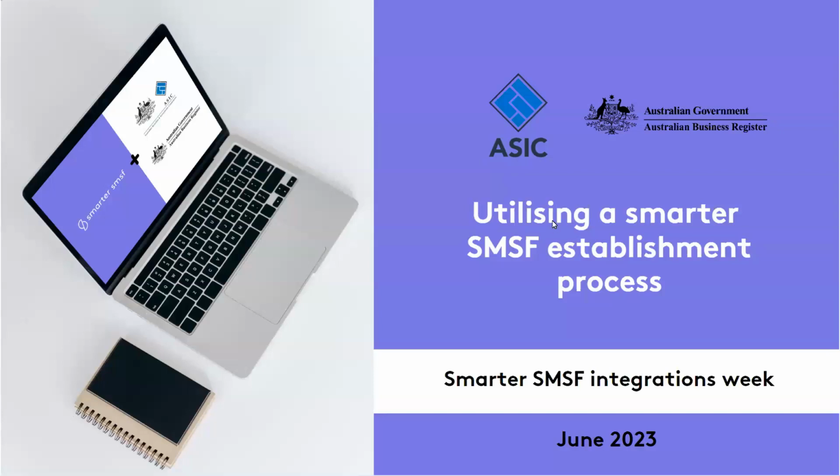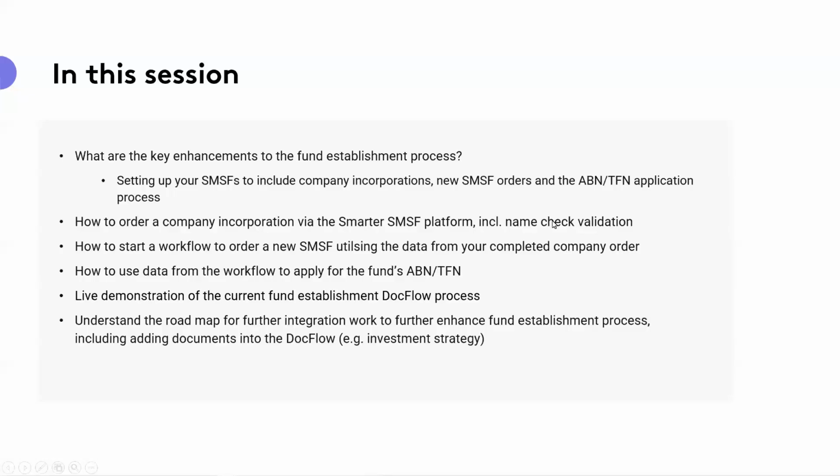So in terms of what we're going to be covering in today's session, we are going to be spending most of our time looking at the enhancements that we've made around the fund establishment process. This takes us from the incorporation approach of establishing our companies within the Smarter SMSF platform, taking us through as a workflow, in essence, to take that data and move it into our new SMSF order form to be able to complete our new fund and have that established.